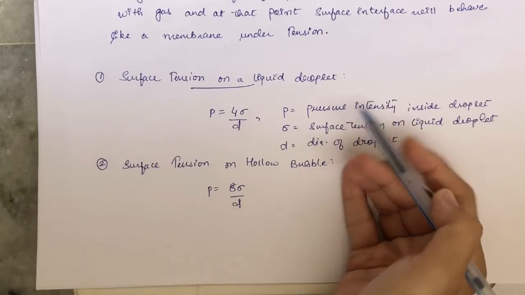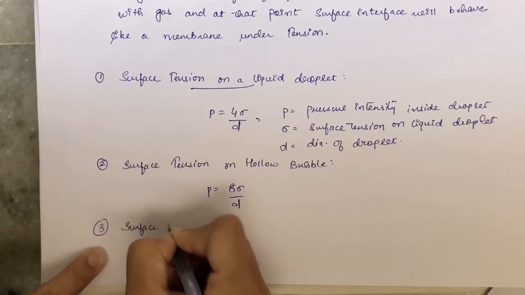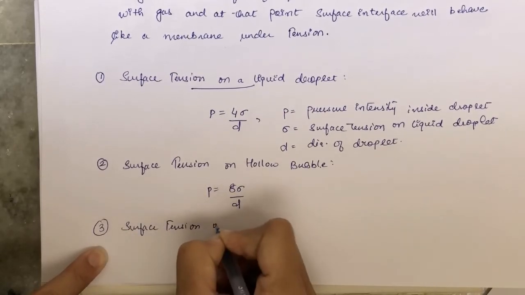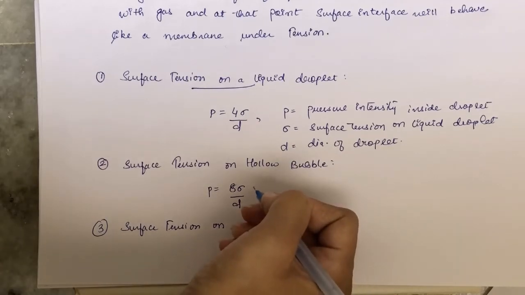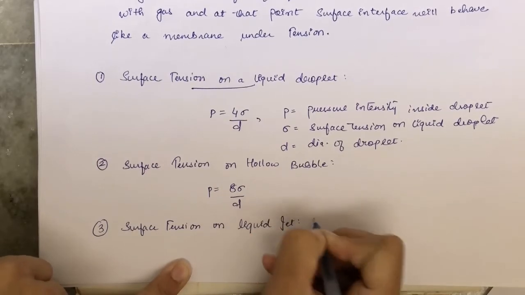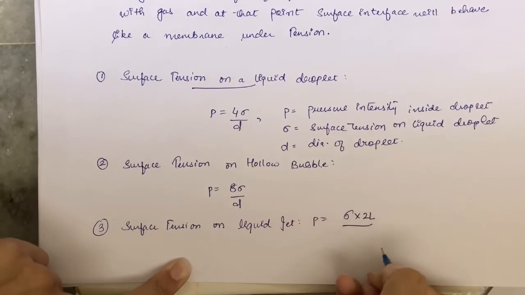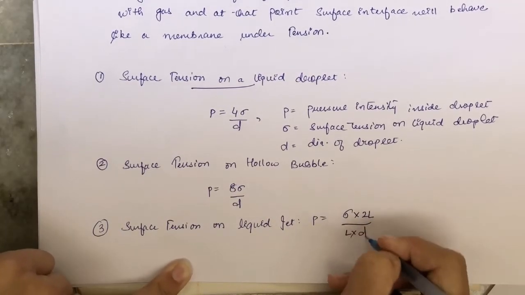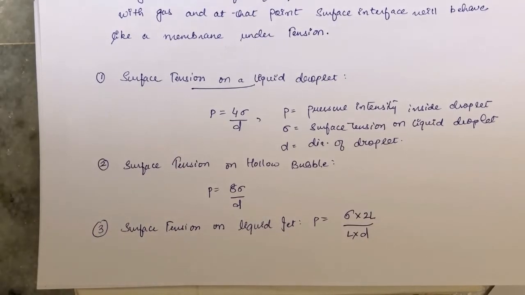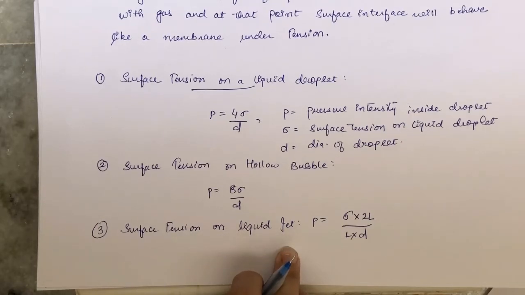And now the third one is surface tension on a liquid jet. P is equal to sigma into 2L upon L into D, where sigma is again the surface tension, L is the length of the liquid jet, and P is the pressure intensity.